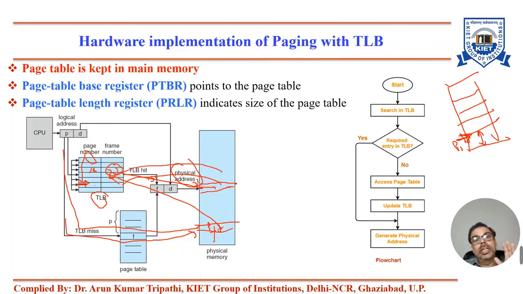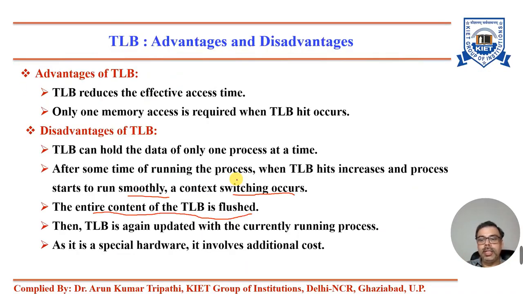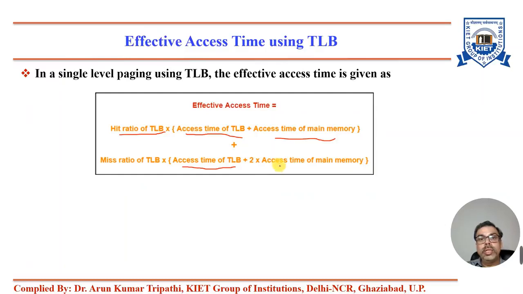Then it will search for the frame, and once the frame is found, the offset is added to find that particular instruction. So there are two visits to the physical memory: the first time for the page table and the second time for the frame number. So there are two types of mapping. That's why here it is 2 into the access time of main memory.